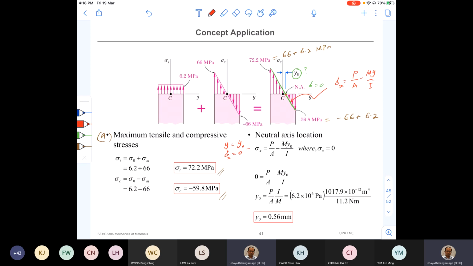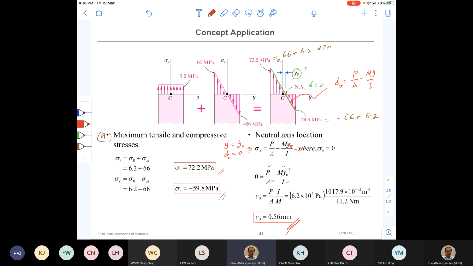So now in the equation, I'm going to substitute y0 instead of y. Okay, and this value should be equal to 0. Okay, so now here we know P, we know A, right? And we know M, we know I. So the only unknown is y0. So you can find out y0. So this is the answer.